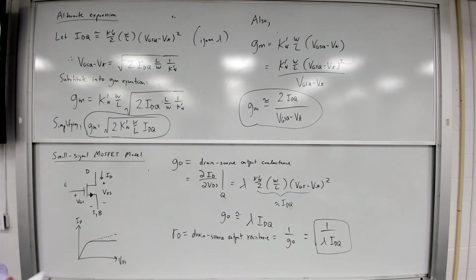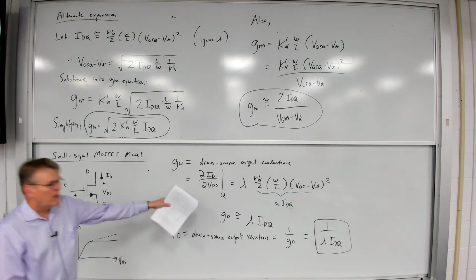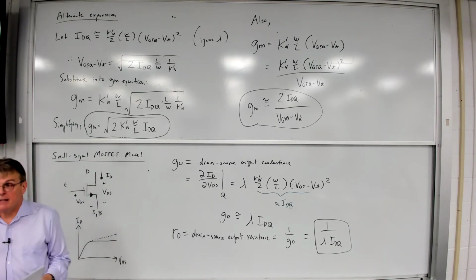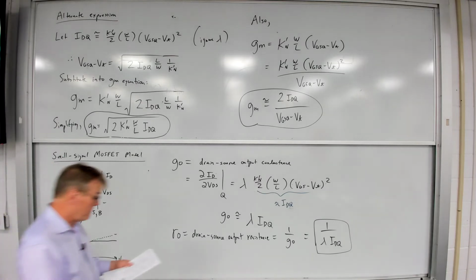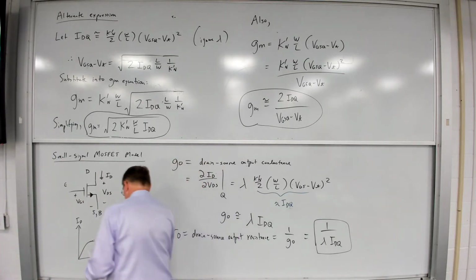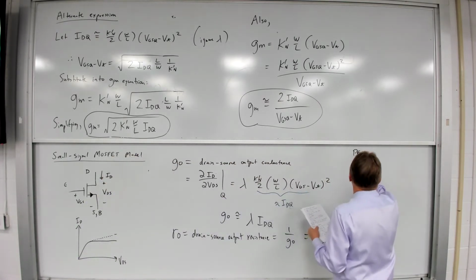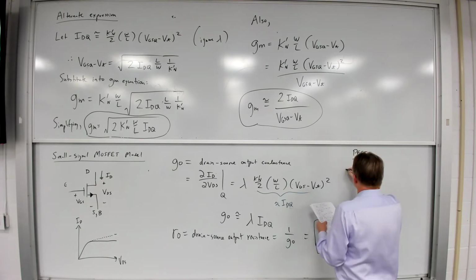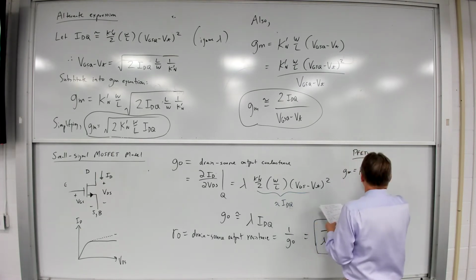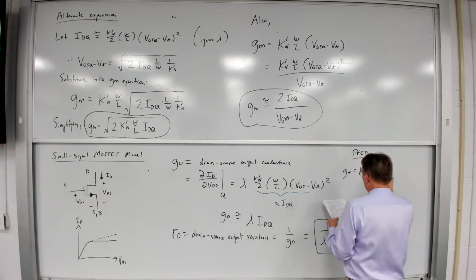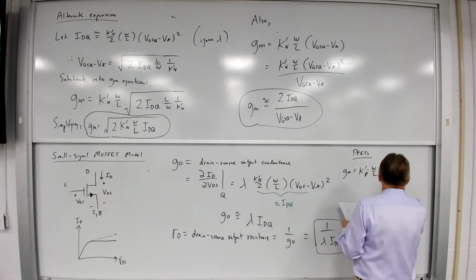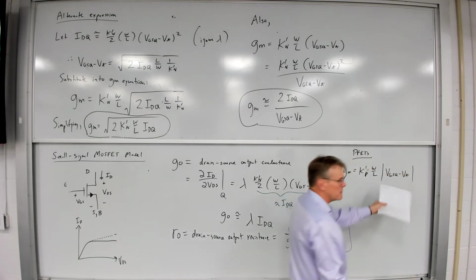All right? Now, this was all for NFETs. For PFETs, we're going to find that the transconductance gives us basically a very similar equation. For a PFET, GM will be equal to K prime P times W over L times the absolute magnitude of VGSQ minus VT, because of course those are going to be negative numbers.